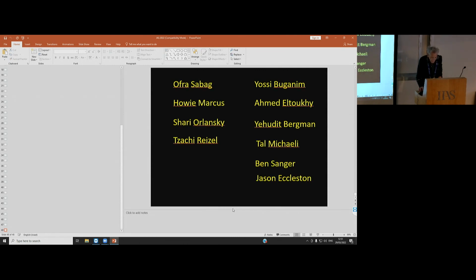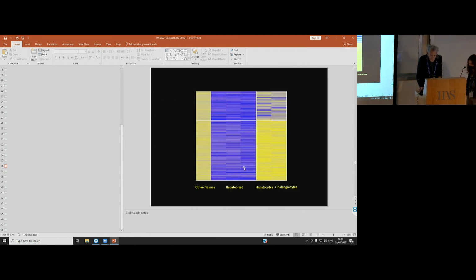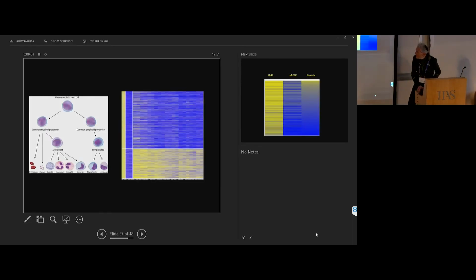You said the left methylated column with the yellow is compared to other differentiated species, right? Yeah. And the column next to it is the hematopoietic stem cells. Yeah, this is the stem cells.